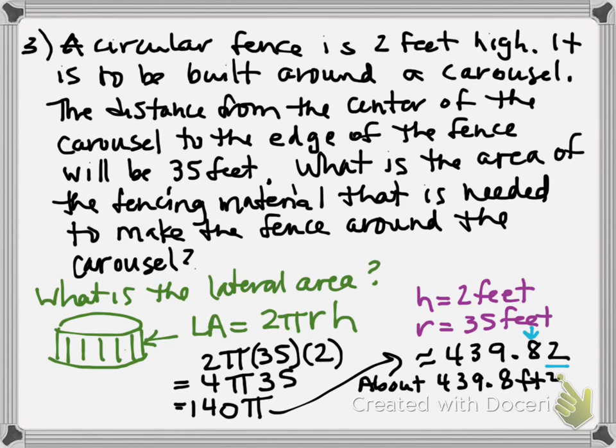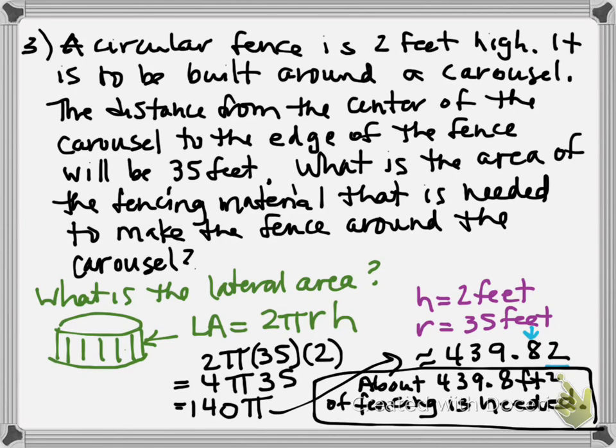So it would be about 439.8 square feet of fencing is needed. So word problem, word answer. A complete answer would have said what is needed to be built around the carousel. Okay, so that's what you guys are working on today.